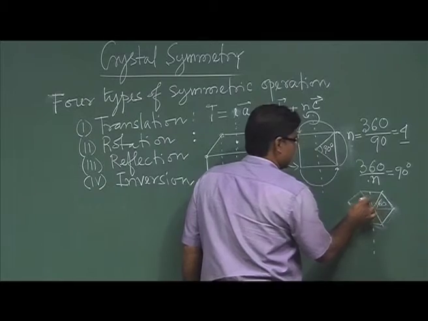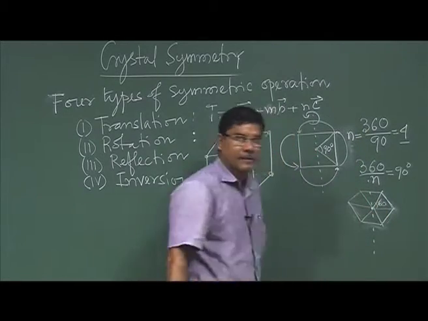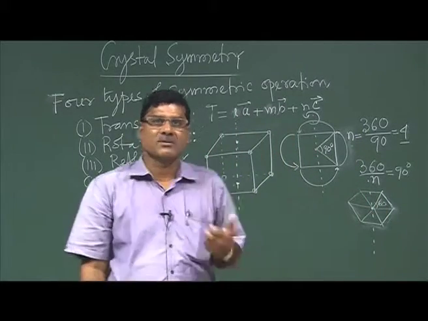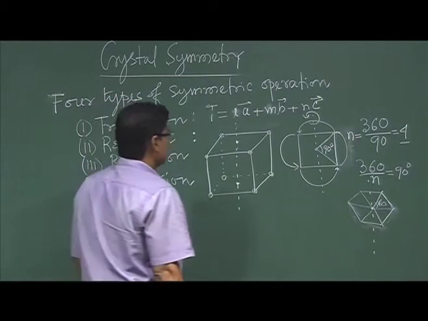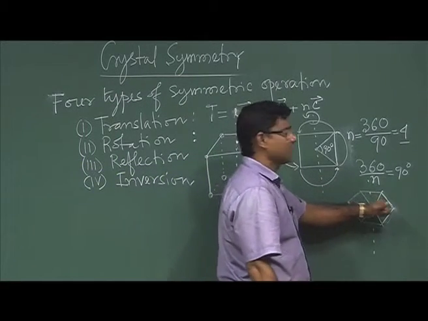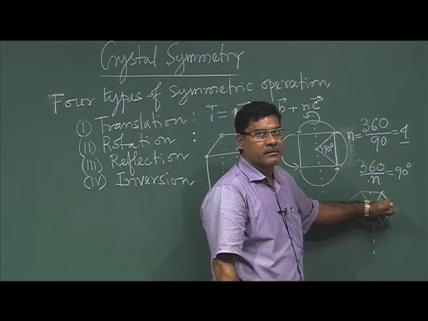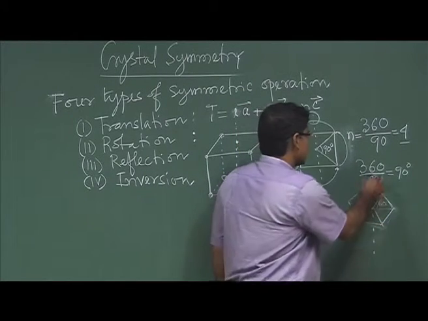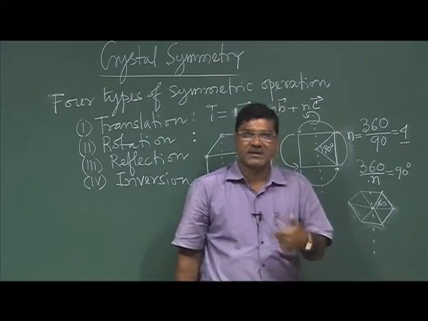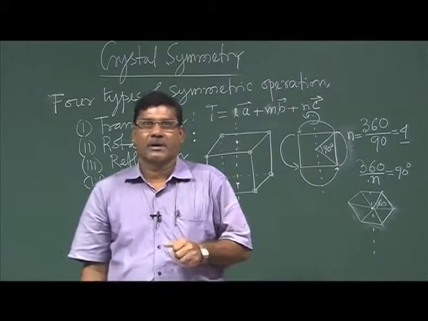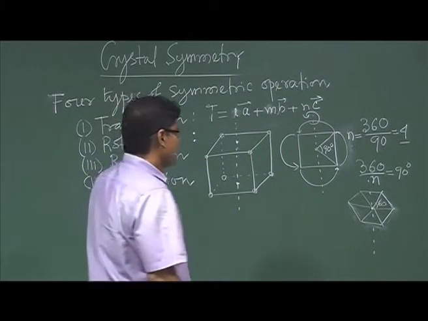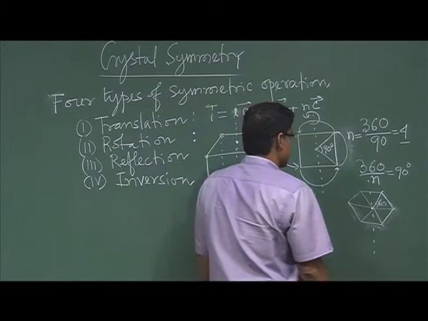So, 1, 2, 3, 4, 5, 6. So, it will have 6-fold, this axis will be called a 6-fold axis, and that means n equal to 6. So, after each 60-degree rotation you will get the symmetry, you will get the invariant position.